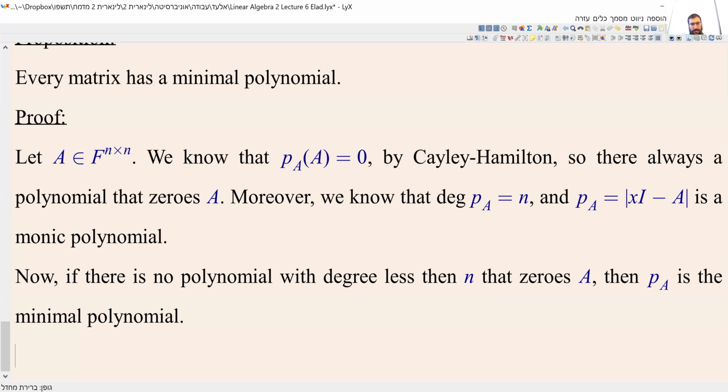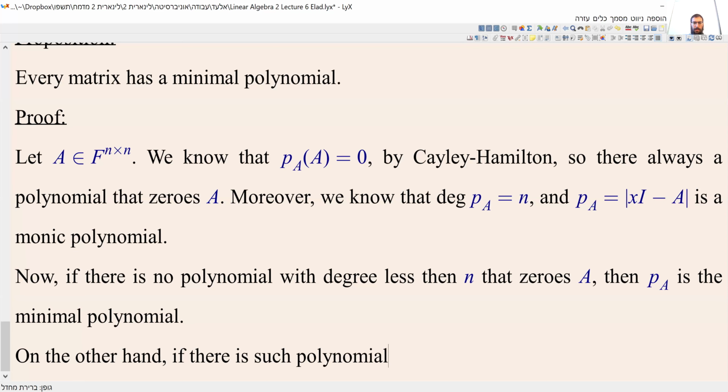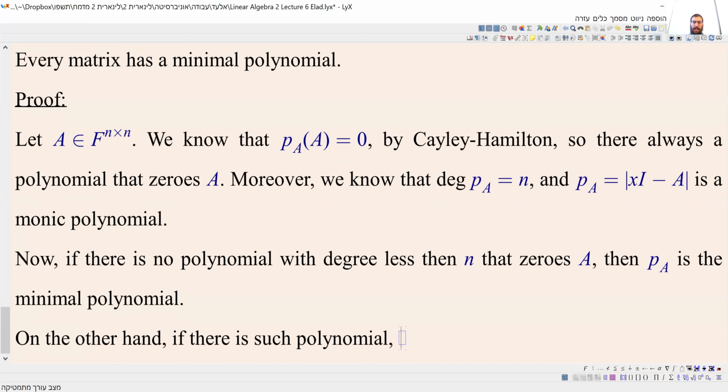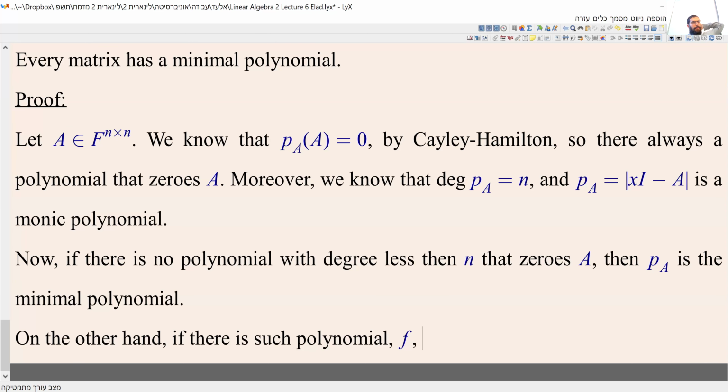Now, if there is such a polynomial, let's call it f, then we can look at f and consider the same consideration.